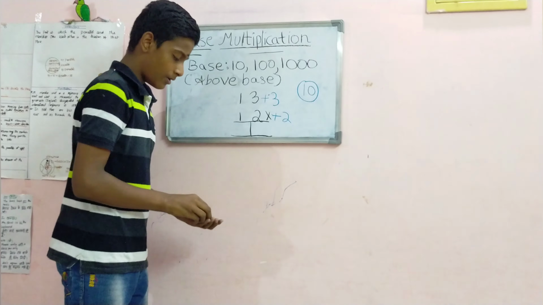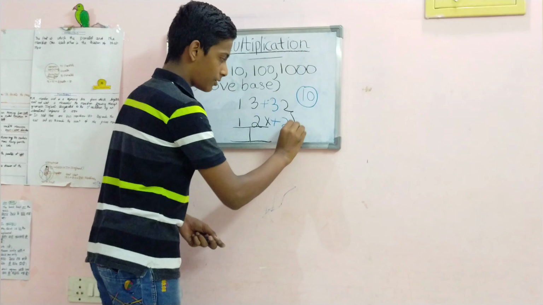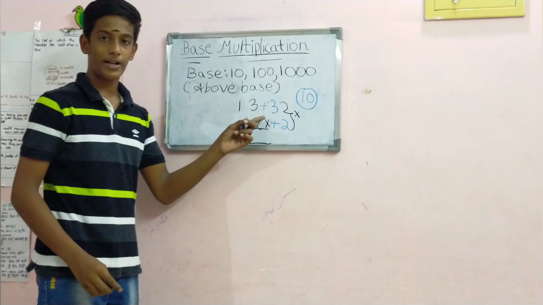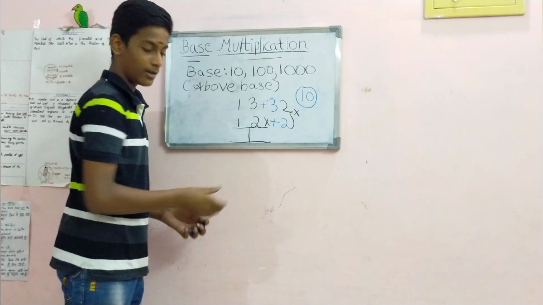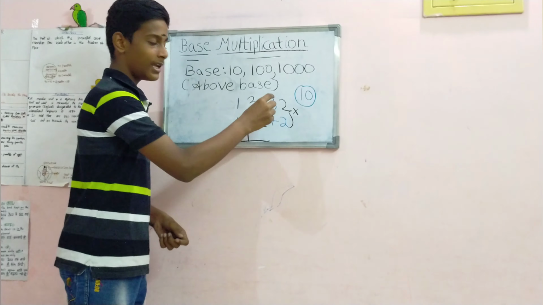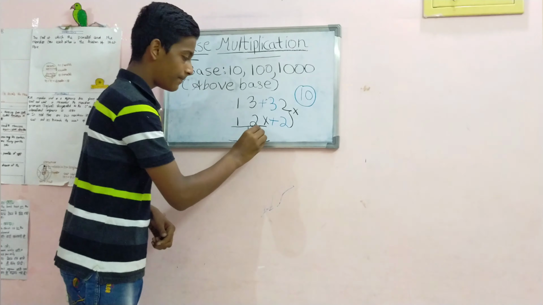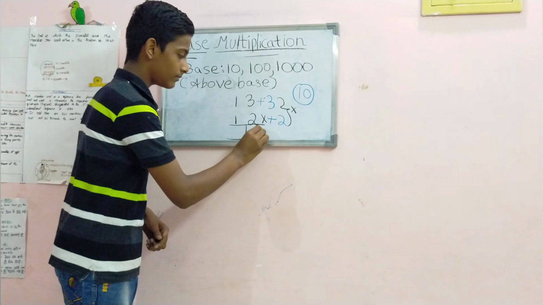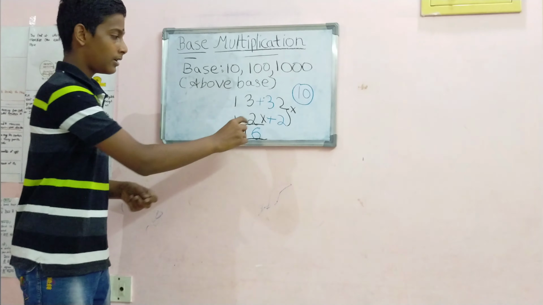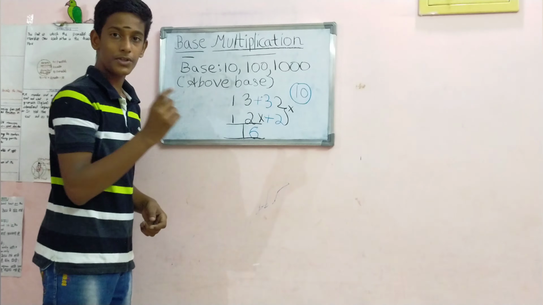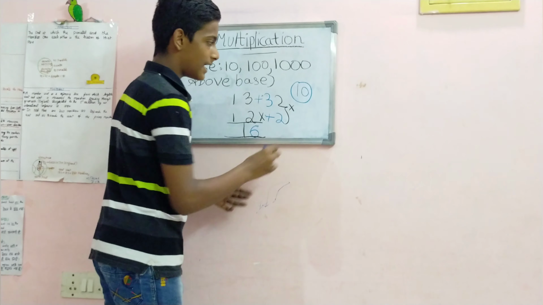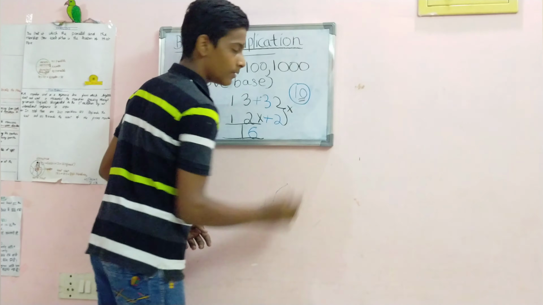Next, we have to multiply these two and write the product obtained over here. So 3 into 2 gives us 6. So here it's not 0, 6, as 10 has only one 0.